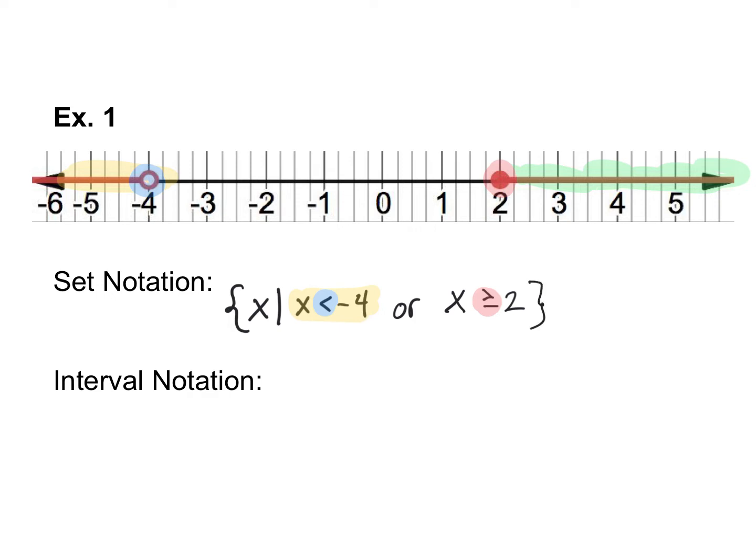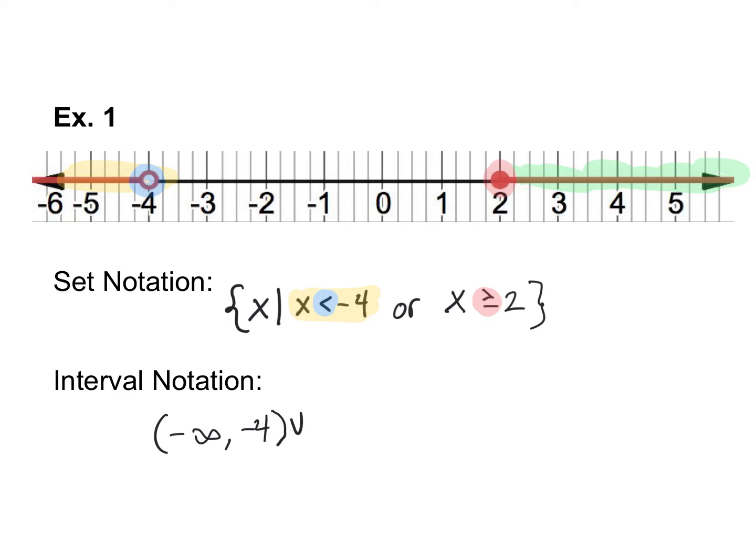For my interval notation, basically what I'm going to do is use infinity symbols, parentheses, and brackets when needed. So I start off with the left hand side, which indicates negative infinity. That goes on to -7, -8, -9, -10, and so on and so forth, comma, -4. Because -4 is an open circle, I use a parenthesis. That means -4 is not a solution to this inequality.